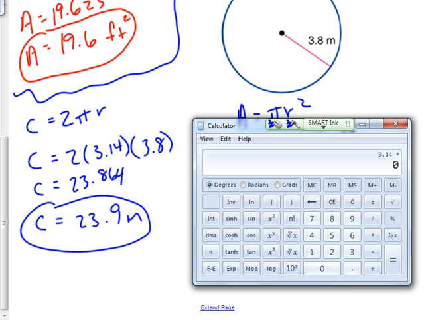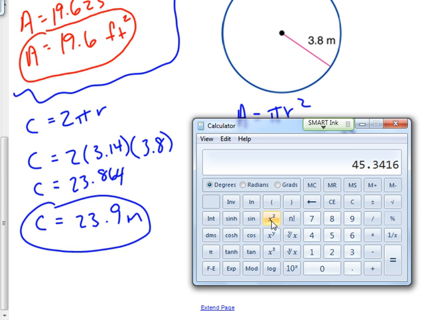Well, excuse me, let's actually do the other part first, okay? So we need to do 3.8, let me clear this first. So let's do 3.8 squared times 3.14, because we have to do our exponents first, okay, follow order of operations.